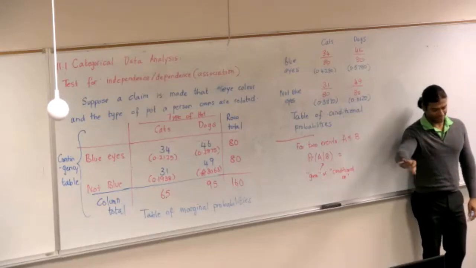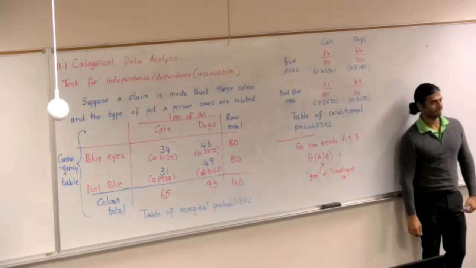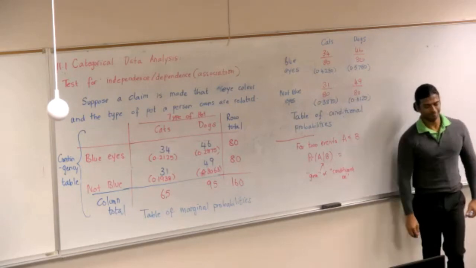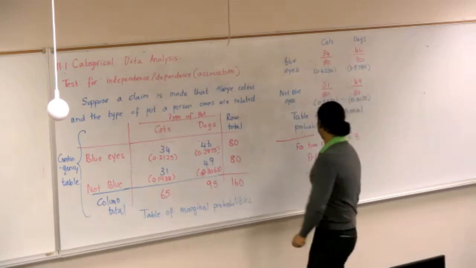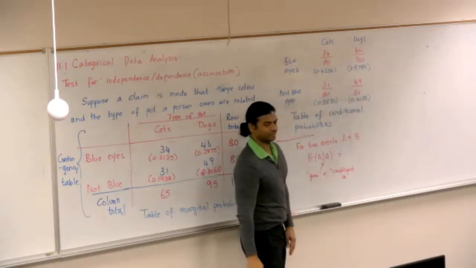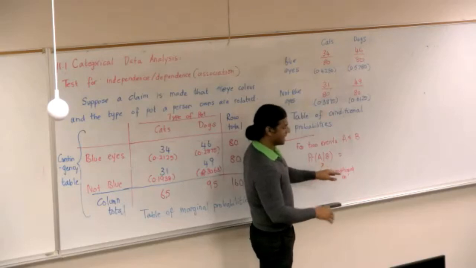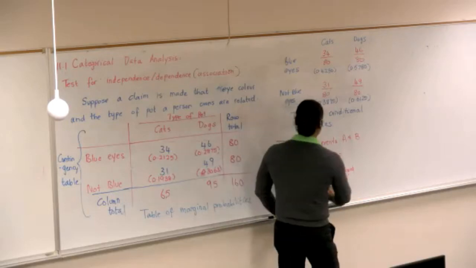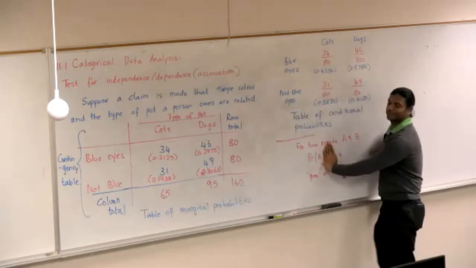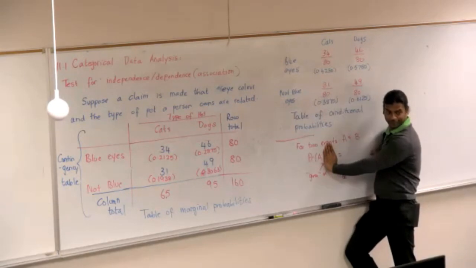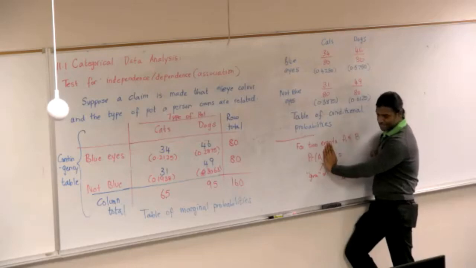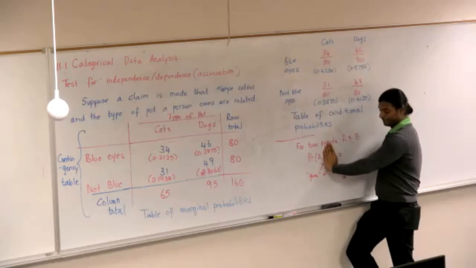If A has nothing to do with B, B doesn't matter. Okay, how about this? A has nothing to do with B, so what would that equal to? Just the probability of A. Do you agree? Because A has nothing to do with B.